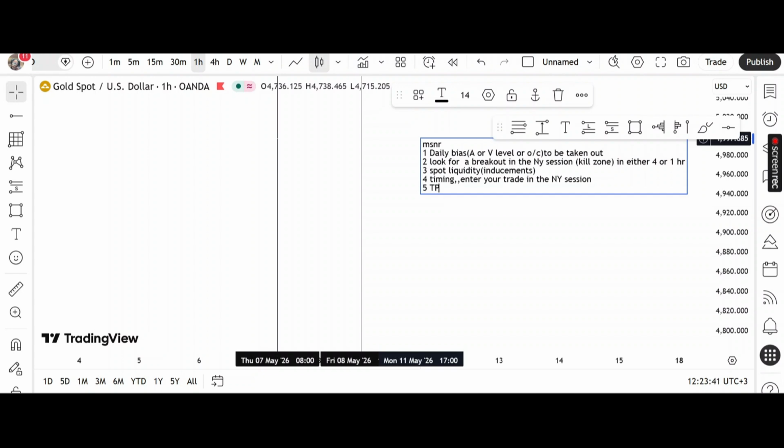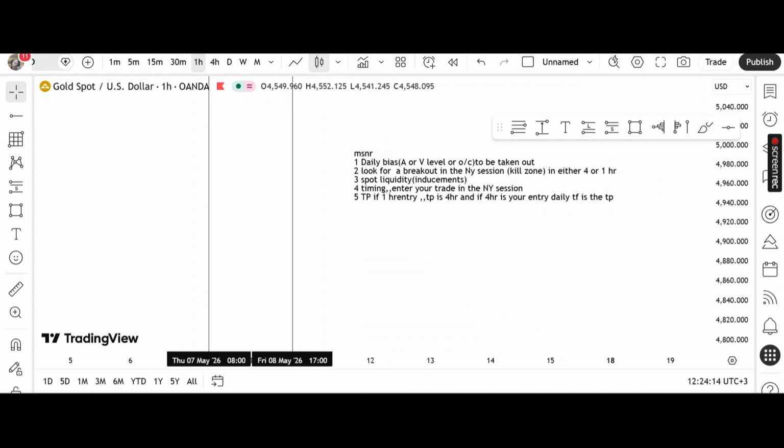TP: if the 1 hour is your entry, your TP is the 4 hour. And if the 4 hour is your entry, by entry I mean you entering the trade using the 1 hour method for breakout, your daily time frame is the TP.